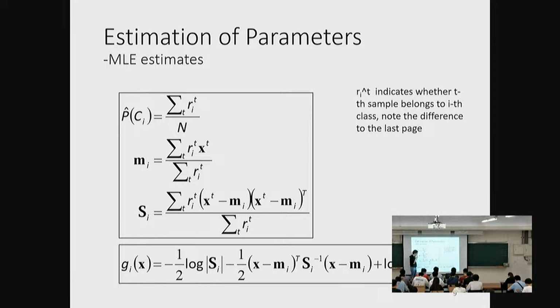Once you've done this, you get the final implementable discriminant function you can use for inference, that is, classification. g_i(x) tells you which class an incoming sample x belongs to. You know S_i, you know m_i, take the inverse, put it all together, and you get a number. Go through all the classes, pick the one that gives the largest value, and you're done with your classification.